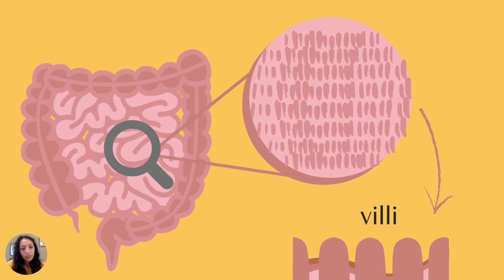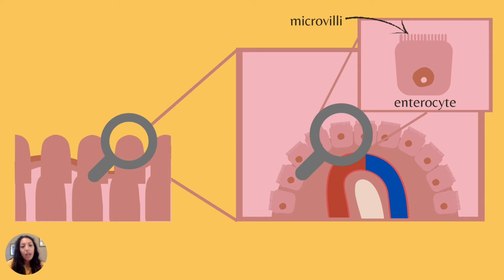And in our intestines, we have these finger-like protrusions that we call villi. You can kind of think of this as a shag rug or a carpet. And each of those villi have even more tiny villi called microvilli. And these are on the cells called enterocytes, which are all along the villi.